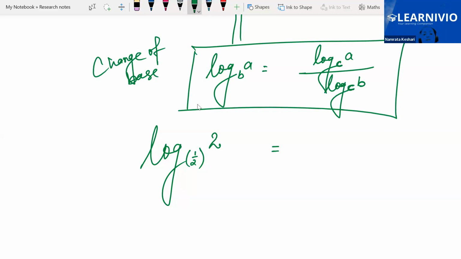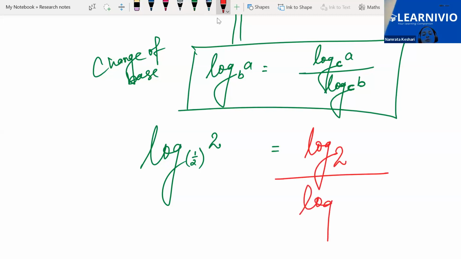Let's introduce a new base, and that new base we are going to introduce is 2 only. Now in the numerator we write this 2 as it is, and in the denominator we write 1 by 2.